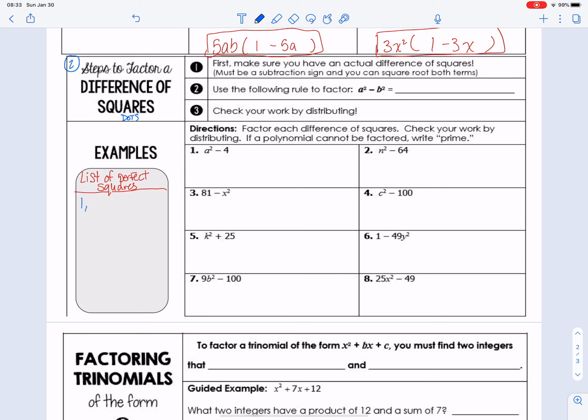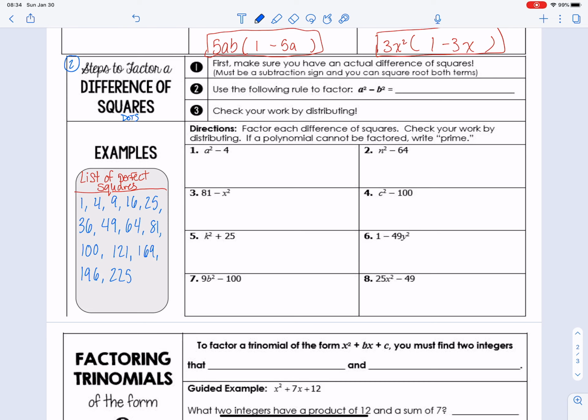So 1, 4, 9, 16, 25, 36, 49, 64, 81, 100, 121, 169, 196, 225. I'll stop at 15 squared, okay? So being able to recognize these and having these memorized is important, okay?